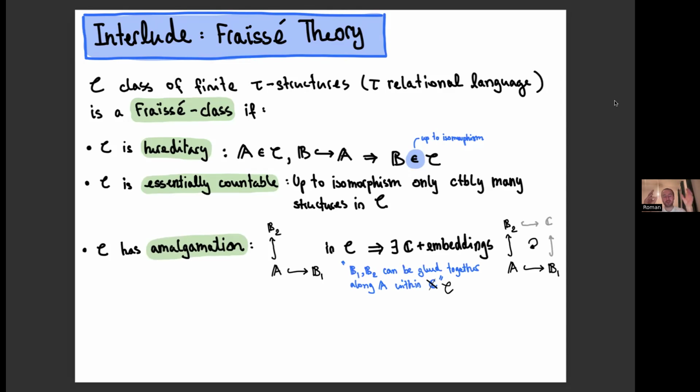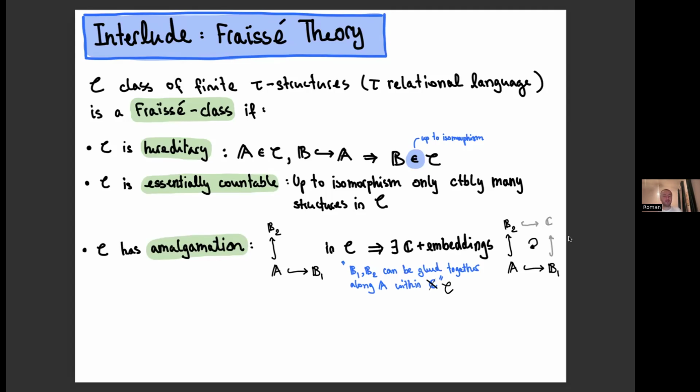Then we require that there is a structure C in curly C and embeddings from B1 into C and from B2 into C, such that the depicted diagram is commutative.